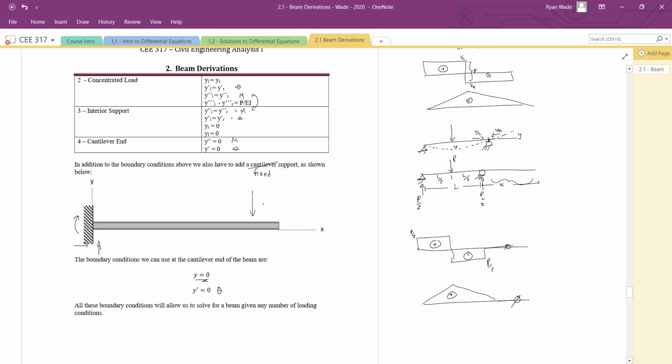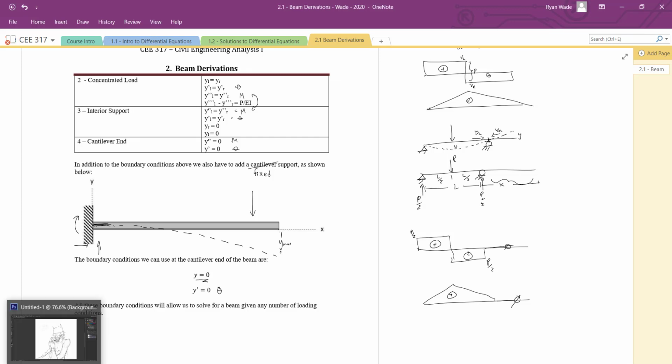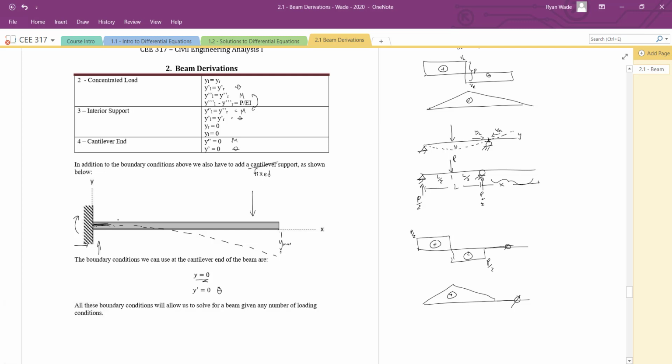So even if we load this beam out here, eventually by the time we get to the end, the deformation will look like this. Right, so we're going to have a y max at the end. But at this point, right when we start, if we talk about it in very, very small versions, there's not going to be any angle of twist because it's resisting moment.